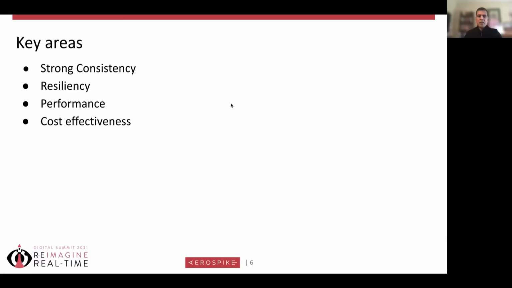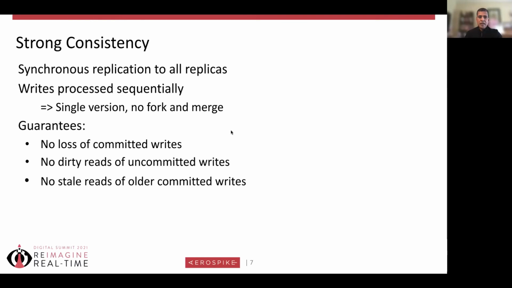Now we'll look at some of the key areas of a multi-site cluster. Those are strong consistency, resiliency, performance, and cost effectiveness. Briefly touching on strong consistency: it has been supported in Aerospike clusters since 2018, when it was validated through Jepsen testing, which is considered a standard for consistency in distributed systems.